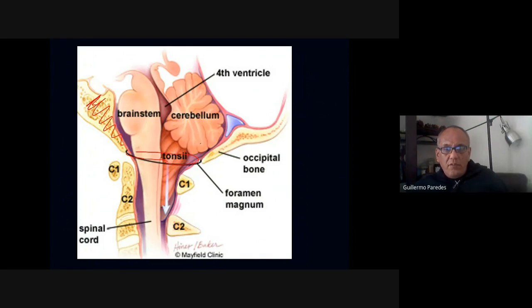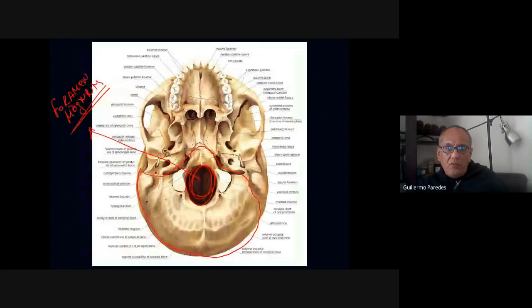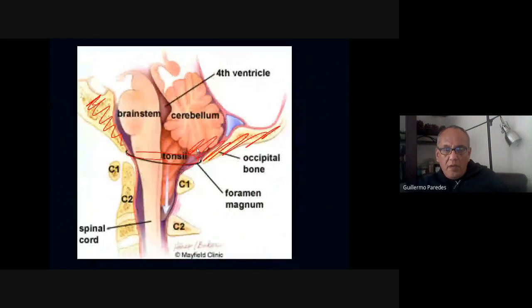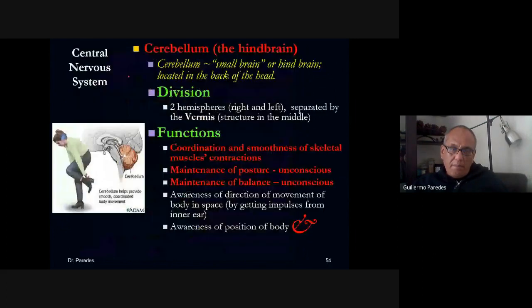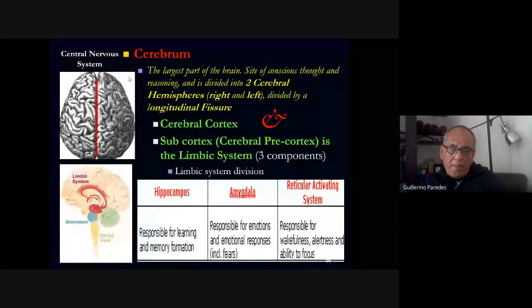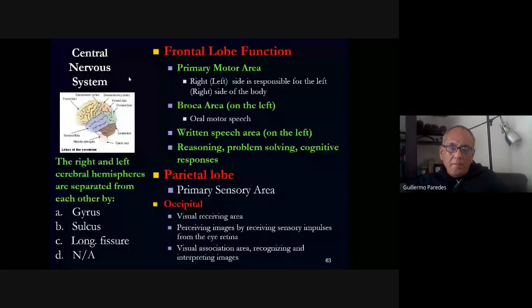And here we have this opening that we just saw, and that is the beginning of the spinal cord or medulla. But this area, part of the brain stem, is called the medulla oblongata. This area is called the pons, and this area is called the midbrain.